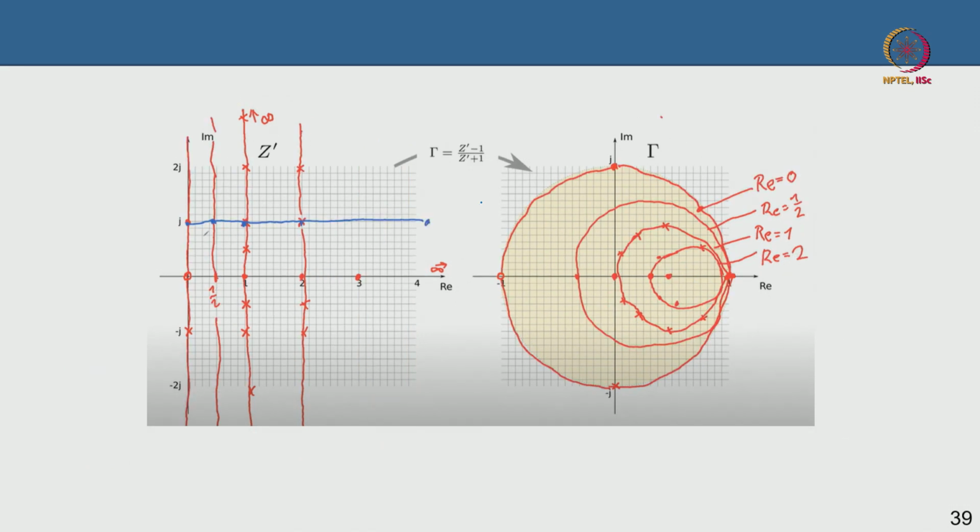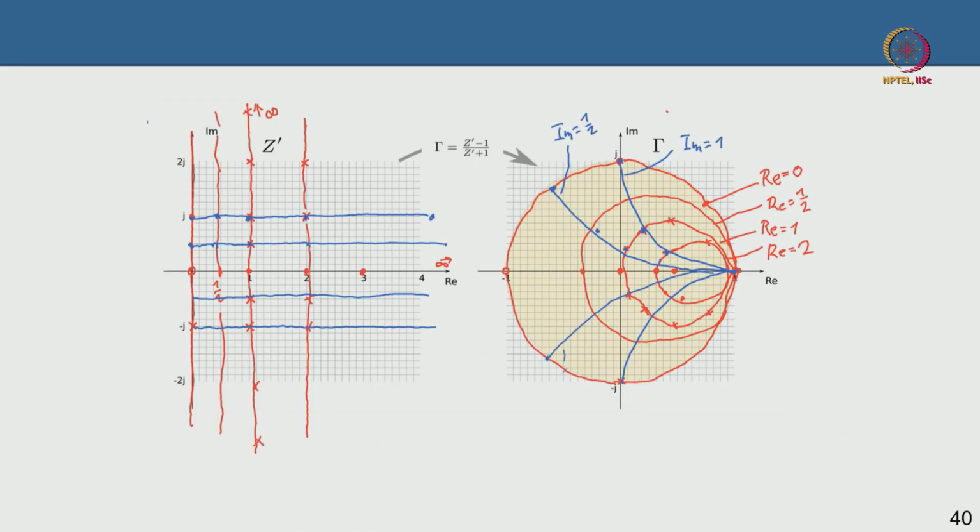This will look like precisely the ones that I am showing you here, these lines here. Those are varying real parts with a fixed imaginary part. So for instance, with imaginary part being j, this is the line that you are looking at.